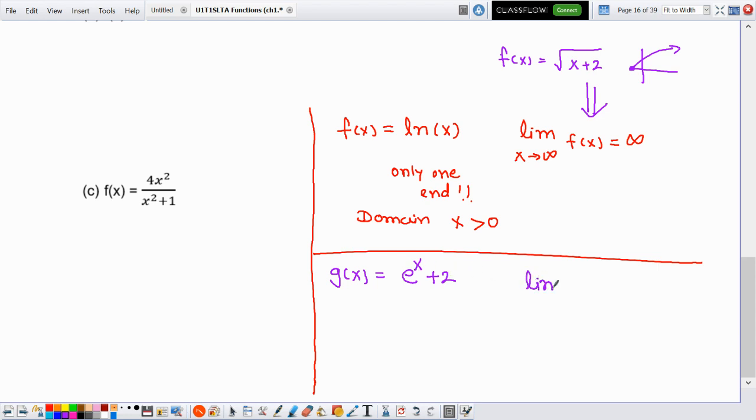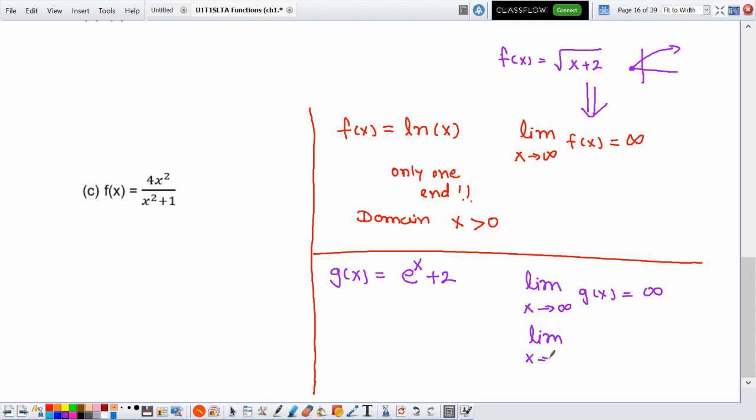So we can say that the limit as x goes to infinity of g of x is infinity, because e to a very, very large number is another very, very large number. Adding 2 doesn't make a difference.